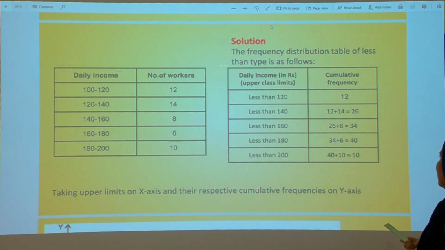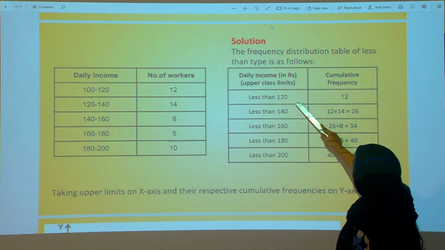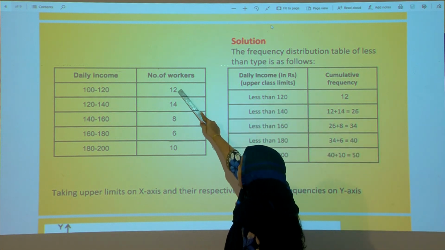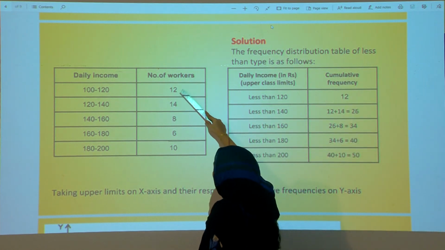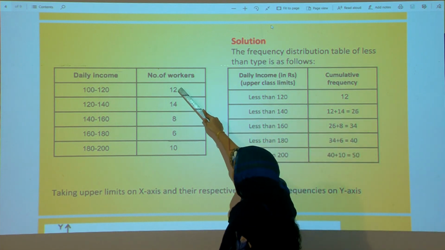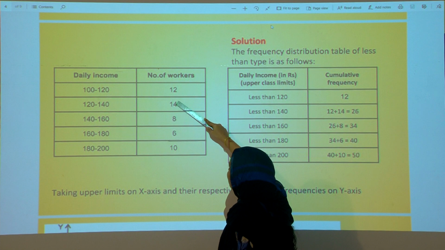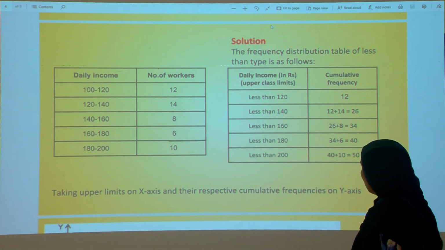Next we form a column with the cumulative frequency of less than type. Cumulative frequency till 120 is the first frequency itself, 12. Next, if we add the first two frequencies, we get the second cumulative frequency, and so on.